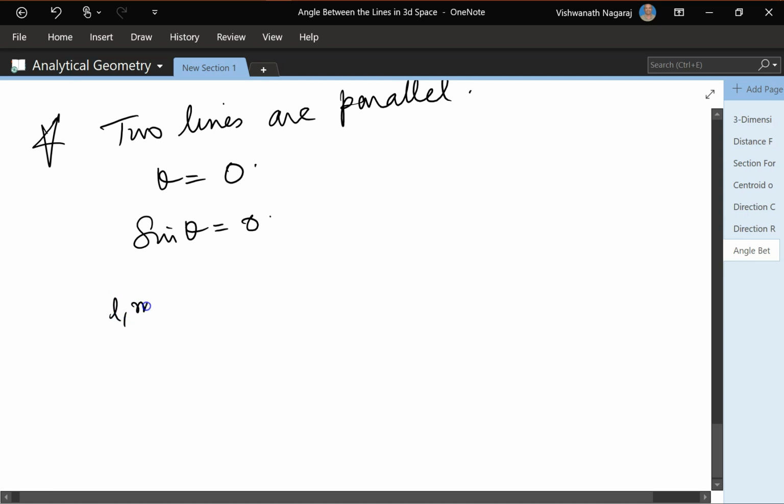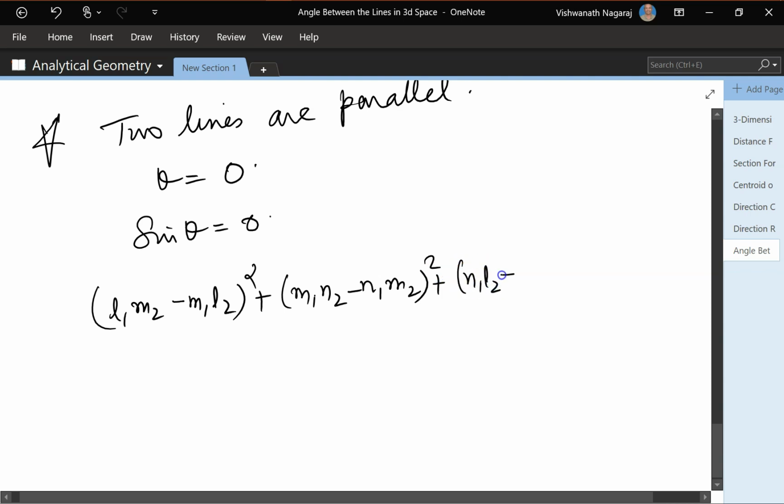So (L1 M2 minus M1 L2) square plus (M1 N2 minus N1 M2) square plus (N1 L2 minus L1 N2) square is equal to 0, because this is nothing but sine theta, and sine theta is 0.